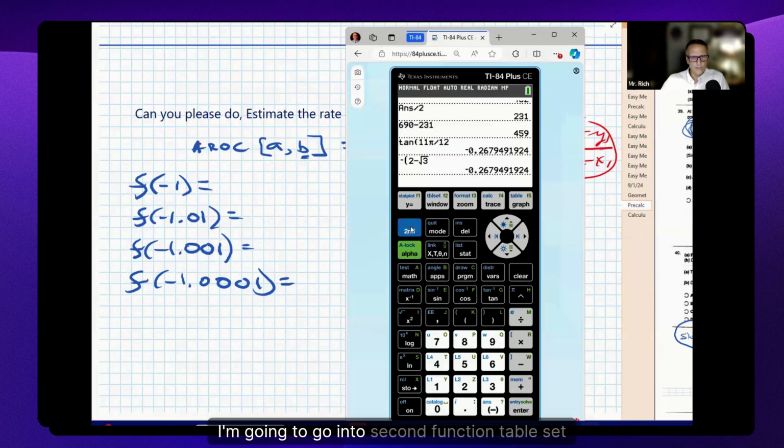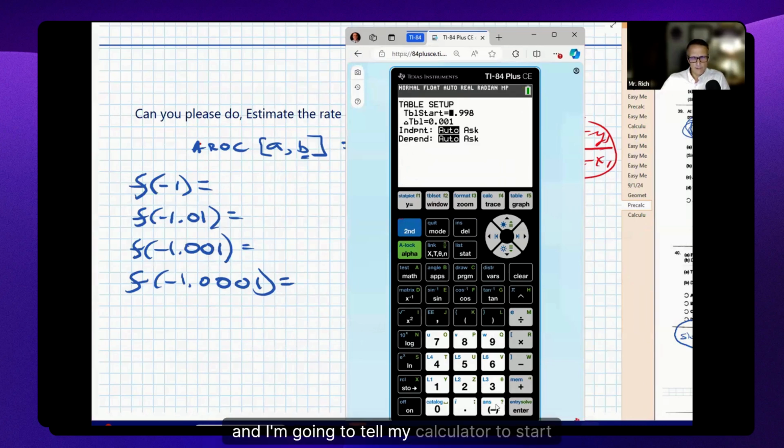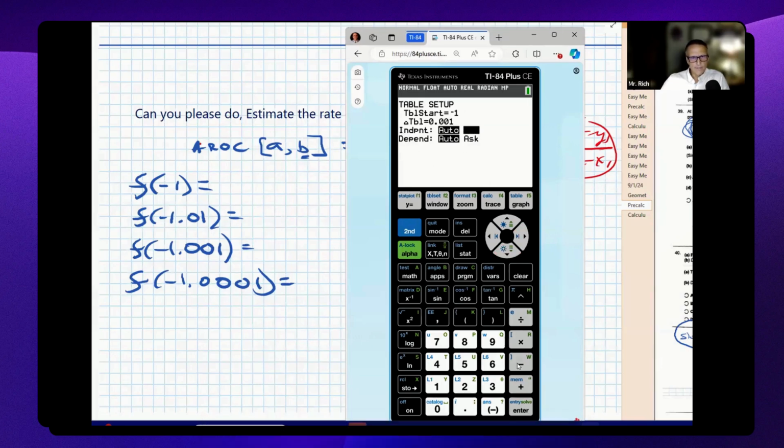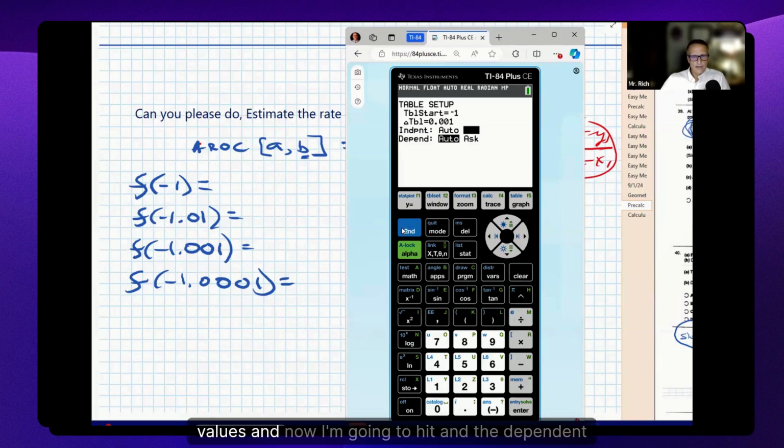I'm going to go into 2nd, Table Set, and tell my calculator to start creating a table of x and y values at -1. I'm going to ignore delta table because I'm going to tell the calculator to ask me for the x values, and the dependent is going to be auto. So as soon as I enter an x value, it's going to show the corresponding y value in the table.